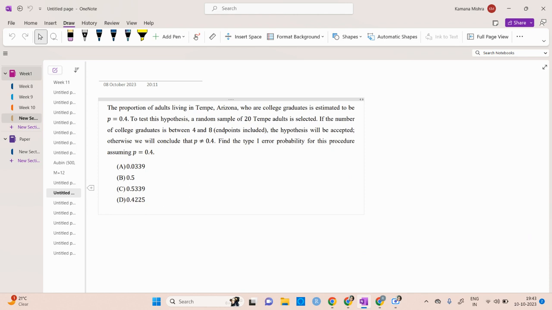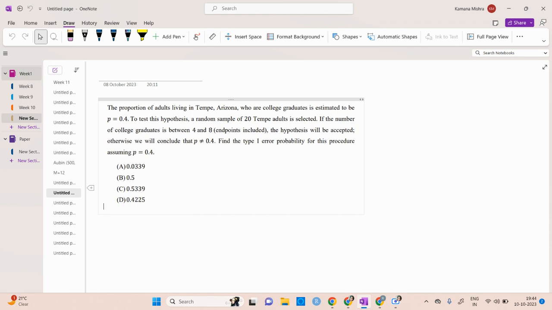Now, the next question given here is that the proportion of the adults living in Tempe, Arizona, who are college graduates, is estimated to be p equal to 0.4. That means 40% of the people living in Arizona are college graduates.